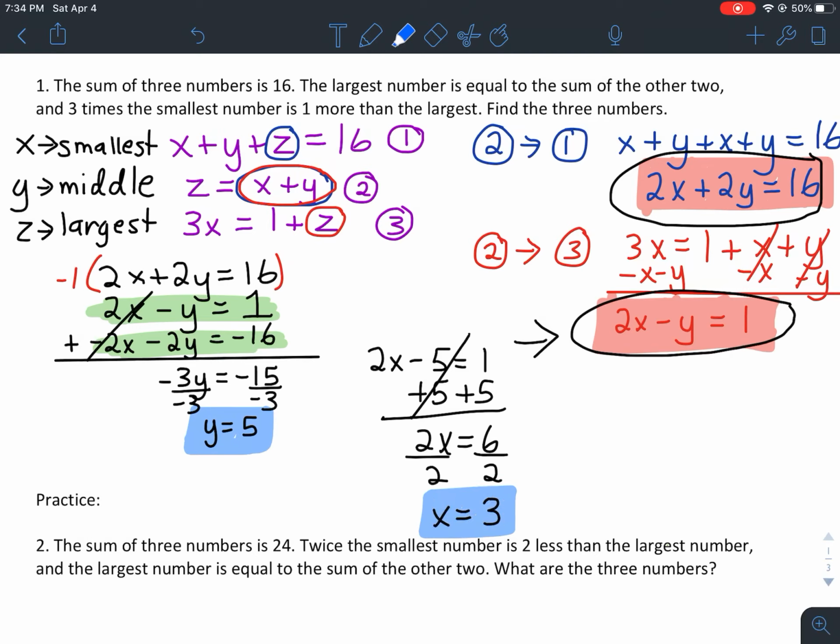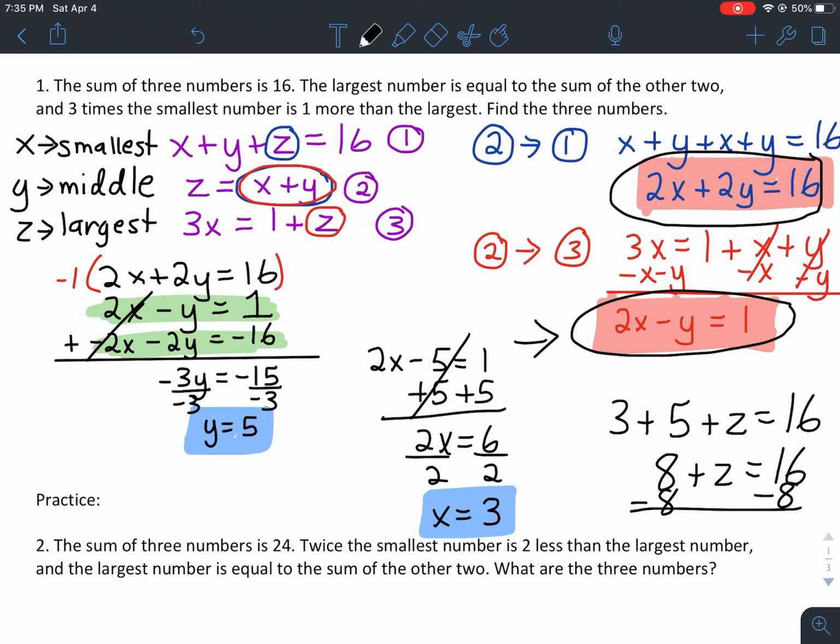And if the sum of all three is 16, if x is 3 and y is 5, it's pretty easy to see that z is just going to be 8. Or you could solve the equation if you like doing that better. And then I can see I have z equal to 8.